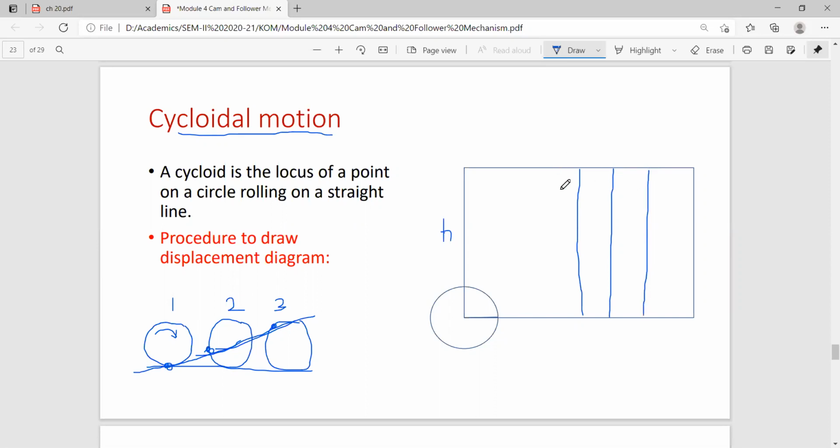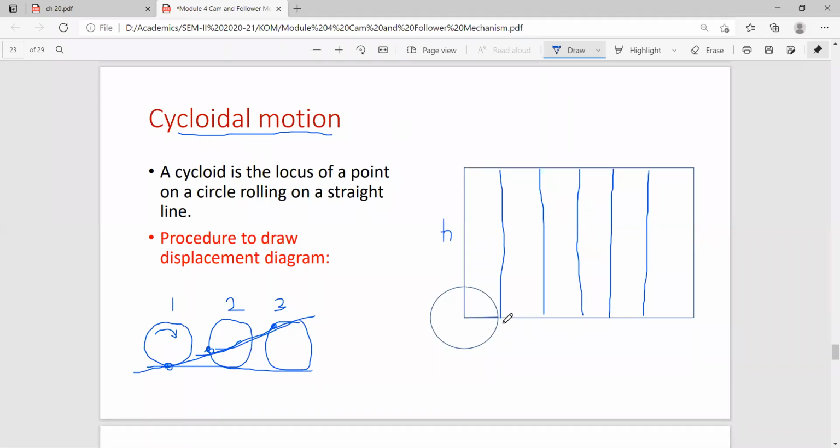If you take just 4 divisions, then time will reduce further, but accuracy will be compromised. You may not get a smooth curve. To get a smooth curve you need a number of points. The more points, the more smoothly you can draw the curve. So this way you have divided it into 6 parts.